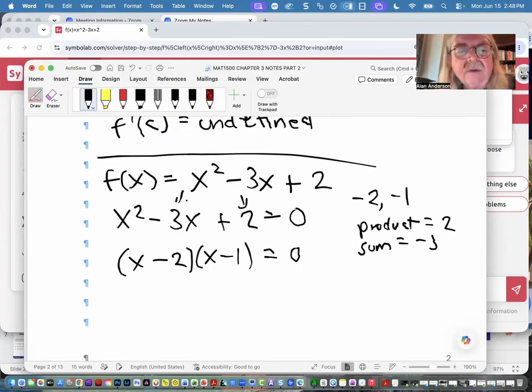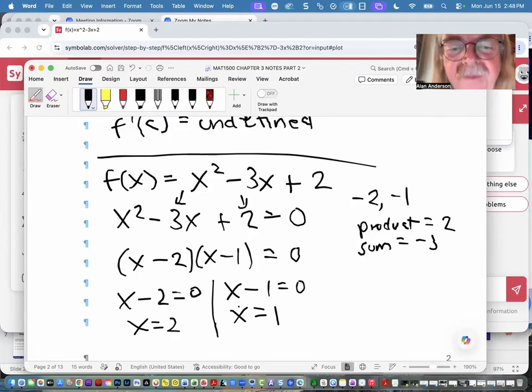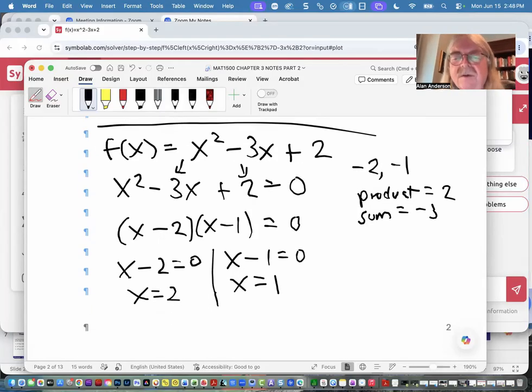And that's exactly right. So now we know that x minus 2 equals 0 and x minus 1 equals 0, which means that the 2 points where this function will cross the horizontal axis are 1 and 2. And we know that these are the zeros or solutions of this polynomial.